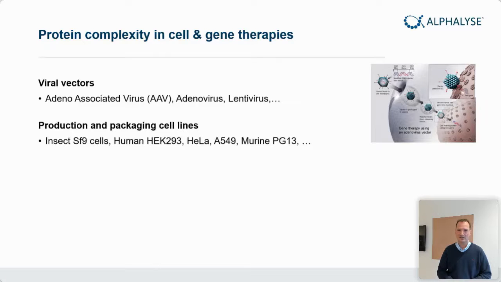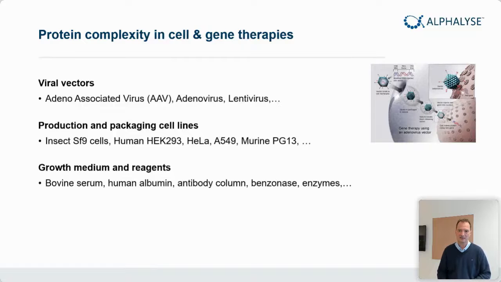It also has a production and packaging cell line, typically insect cells, Sf9 cells, different types of human cell lines like the HEK293 cells, but there are also more rare cell lines used by some customers, for example, murine cell lines. And then we have the manufacturing system and the growth medium and reagents used during the manufacturing.